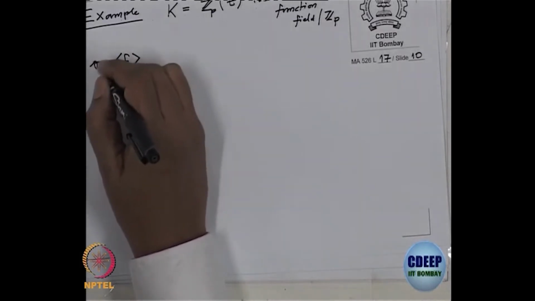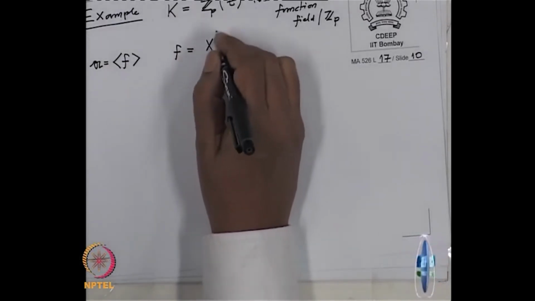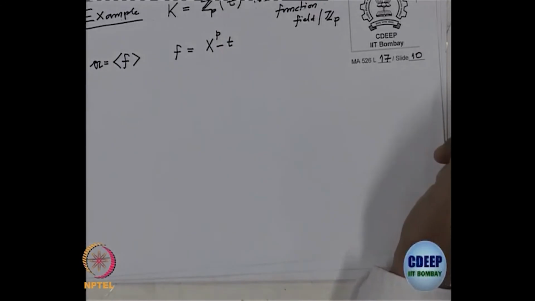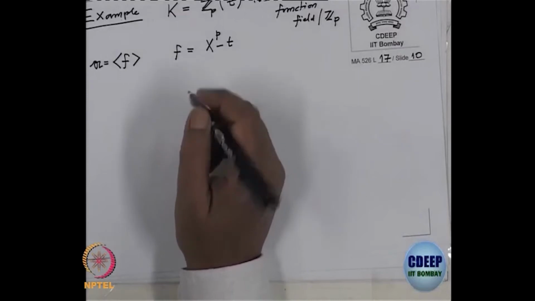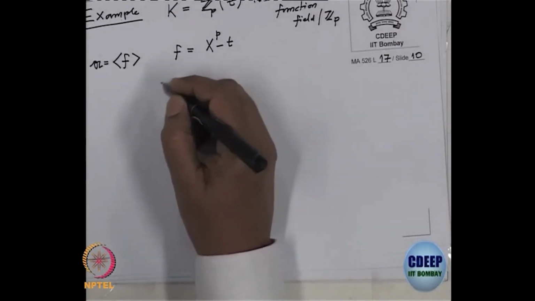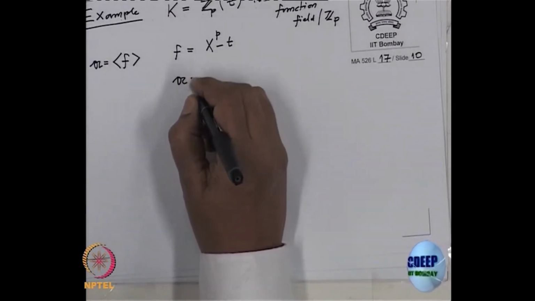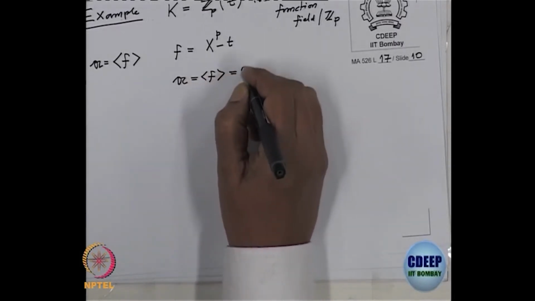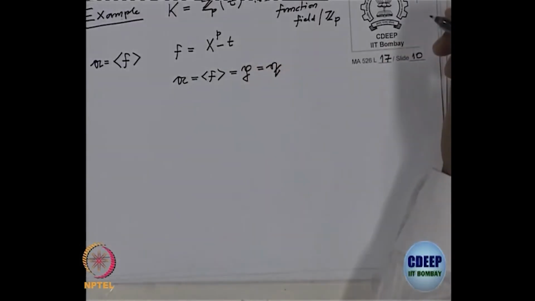This is our ideal A. So, f is the polynomial x power p minus t, where p is the characteristic. Alright, and we are testing at P, and also I want Q. So, A is the ideal generated by f, that is also P, and that is also Q. Let us take this equation.